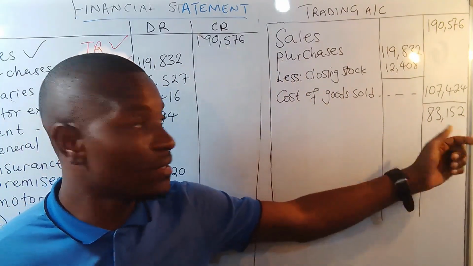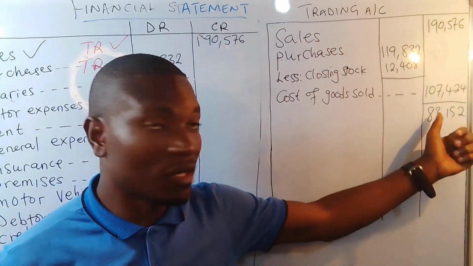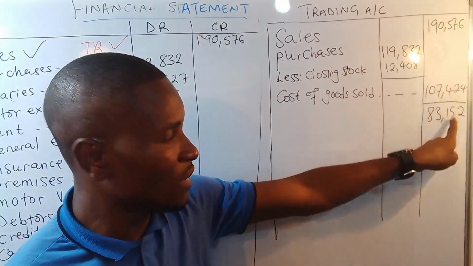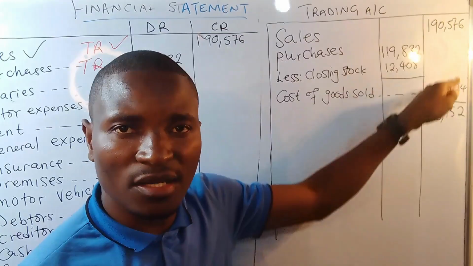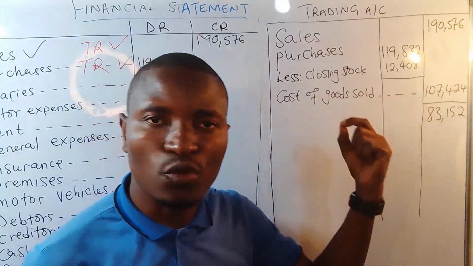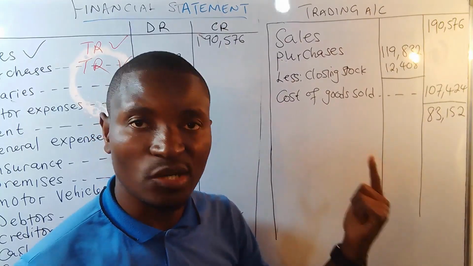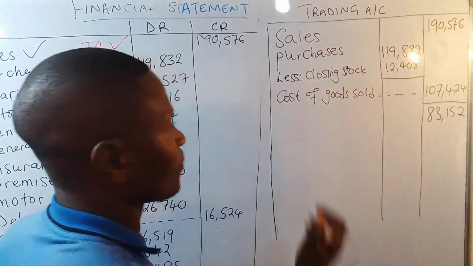So we have actually gotten 83,152 kwacha. So this minus this, we get this. Now the sales minus cost of goods sold is actually what gives us what we call the gross profit.